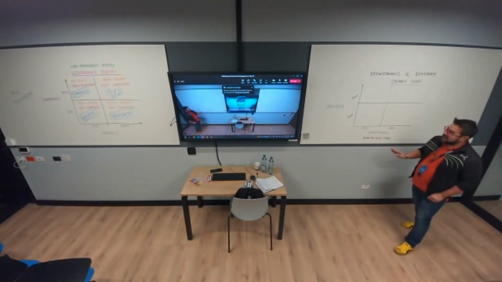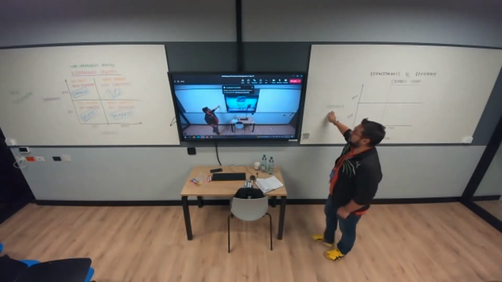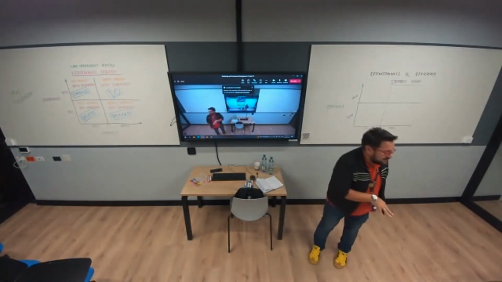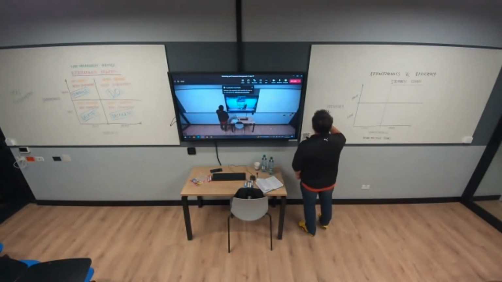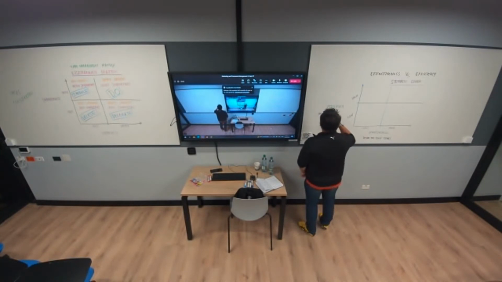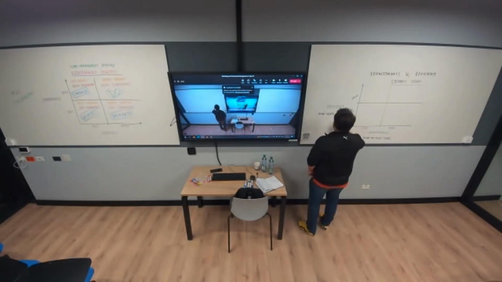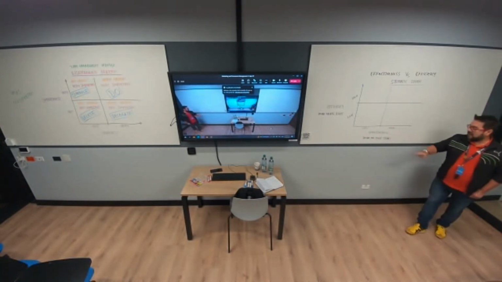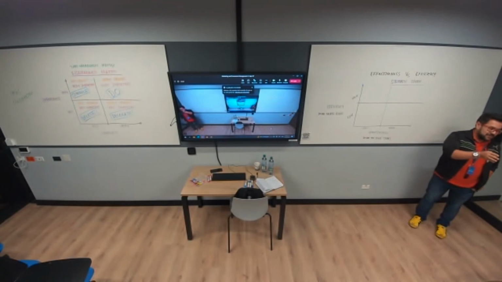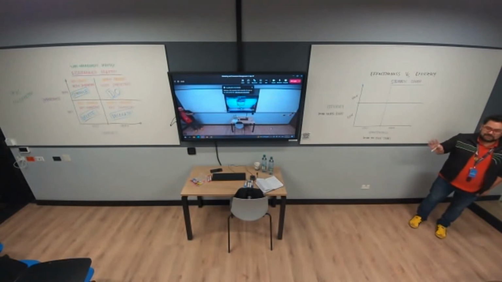Okay, and efficiency is going to be doing things right. Okay, because the difference, doing the right things is like choosing which things to do.